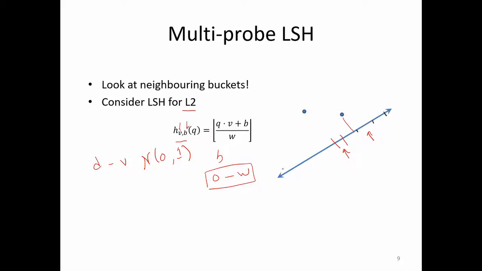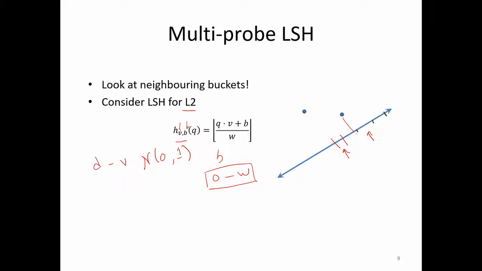I mean, it is possible that it falls not into a neighboring bucket but a bucket outside, but that chance is very small, and we are not going to even consider that for multi-probe LSH.